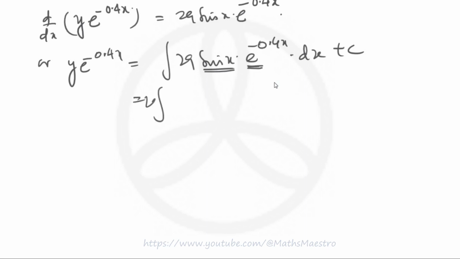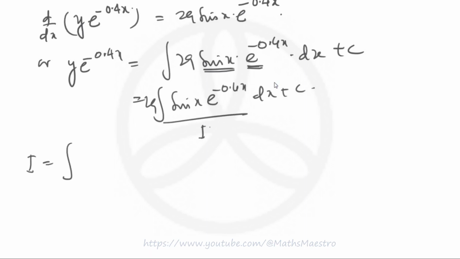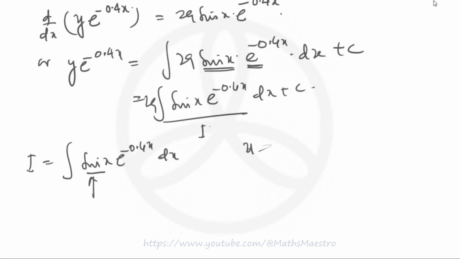So here what I'll do, I'll take the integral of sine x e to the power minus 0.4x dx plus c and assume this is equal to I, which is the integral of sine x e to the power minus 0.4x dx. So far as the assumption of u and dv is concerned, we will assume sine, which is a trigonometric function, as u, that is sine x, and dv we will assume as e to the power minus 0.4x.